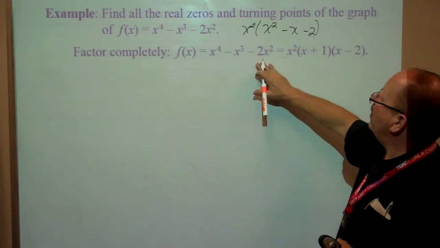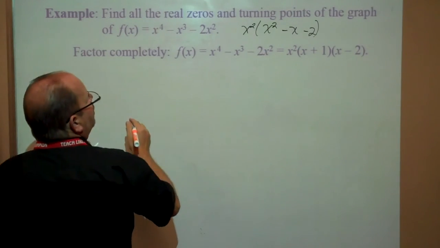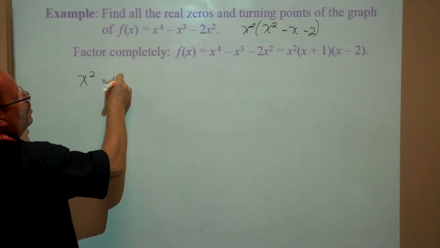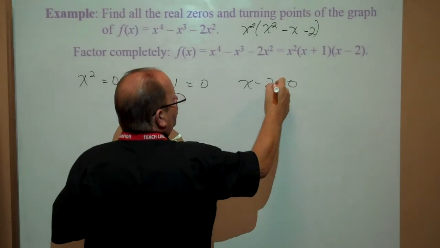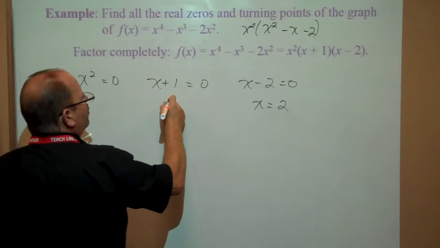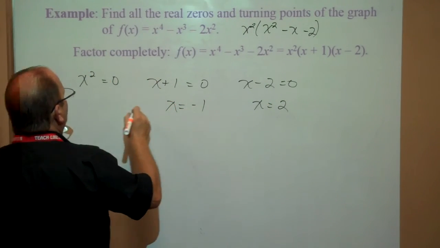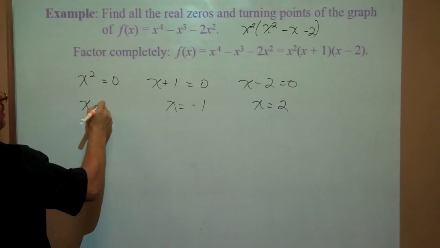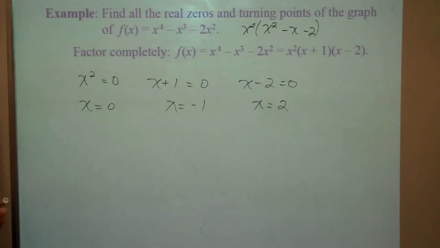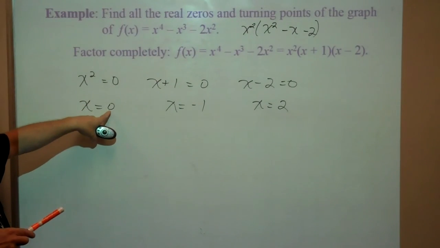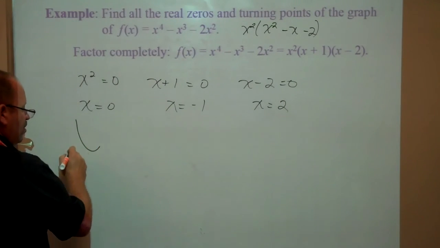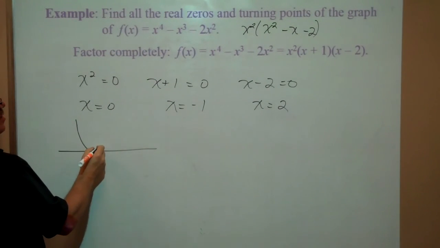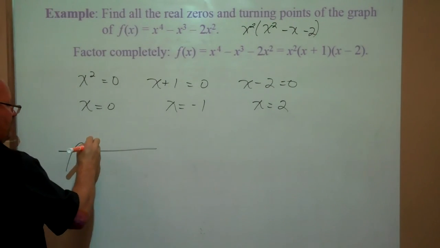Okay? Now we know that x squared equals 0, x plus 1 equals 0, and x minus 2 equals 0. So there's a 0 at x equals 2, there's a 0 at x equals negative 1, and you have a repeated 0 at x equals 0. What this looks like when you graph it is this is going to be a place where it touches the x-axis, and these other places are where it will actually cross the x-axis.